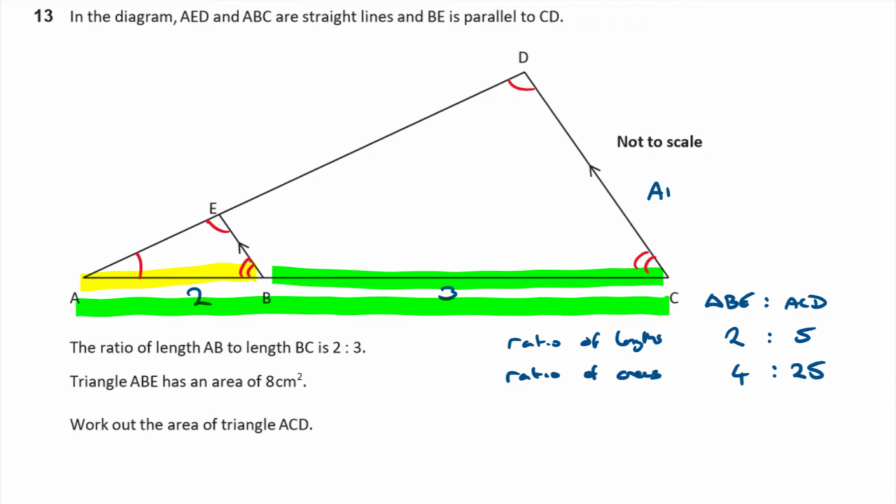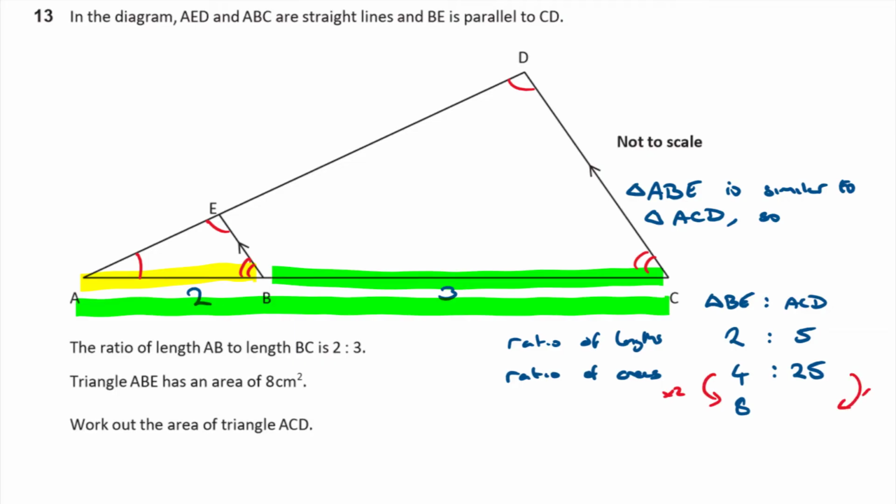So triangle ABE is similar to triangle ACD. Okay, so we need to know that so that we can work out this ratio of their areas is 4 to 25. So that's true. And we're told that the area of triangle ABE then is 8, which you can see is twice this one.